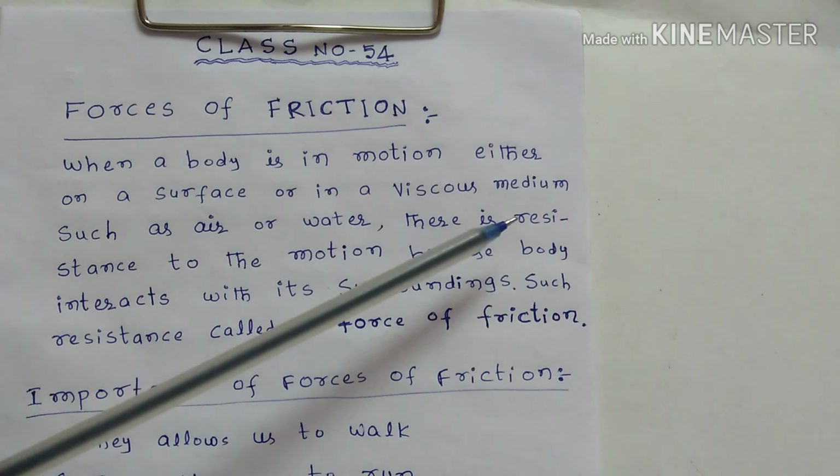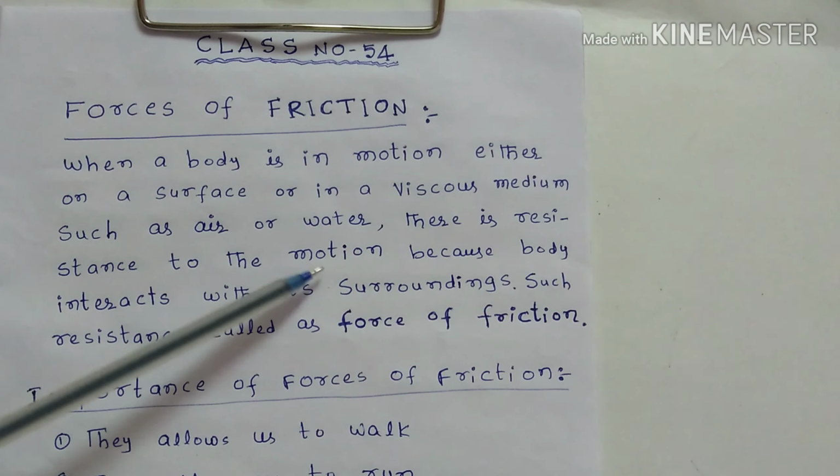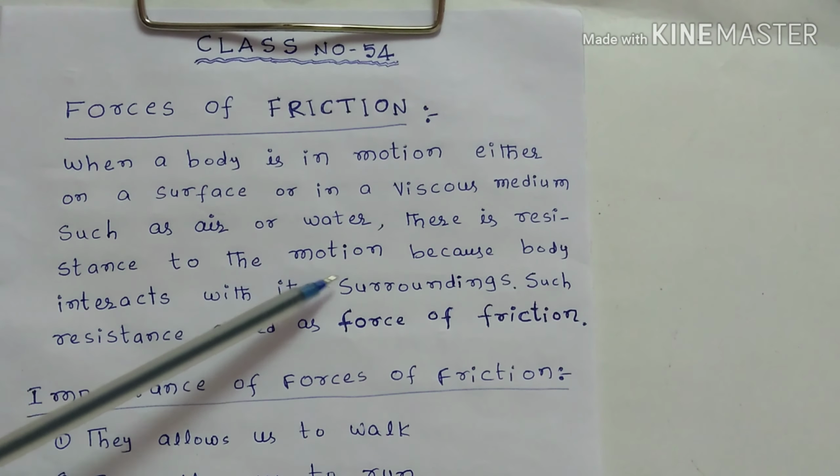This is force of friction. Class number 54. Forces of friction we will discuss now. When a body is in motion, either on a surface or in a viscous medium such as air or water, there is resistance to the motion, because the body interacts with its surroundings.